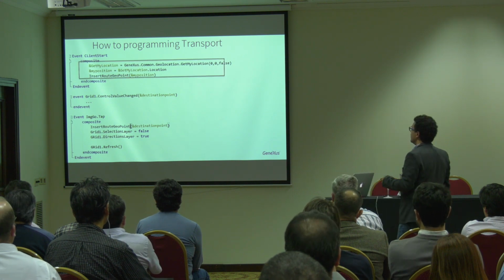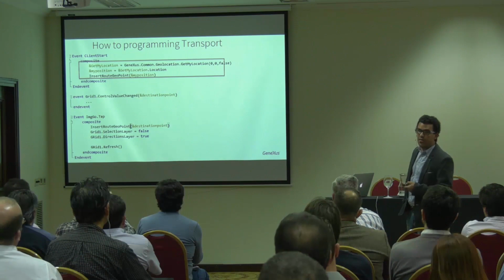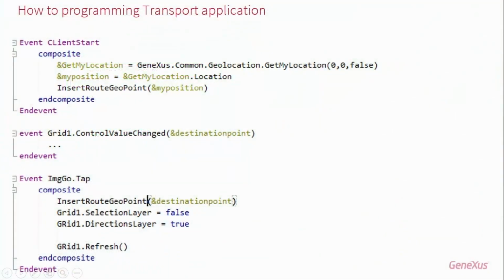Now, what do I do in my panel then? The first thing when I enter the panel is I insert my position, because in this example, I want to show them where I am and up to the place of interest I want to go and what's the road. So I will save. As I said, this is the standard object geolocation. I will save that position on my table.